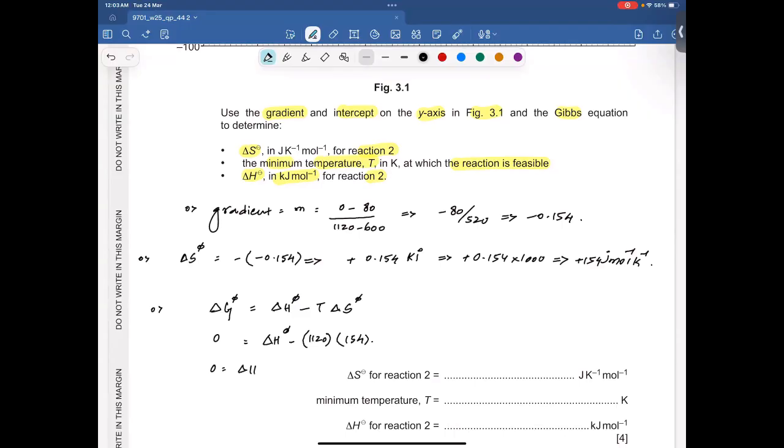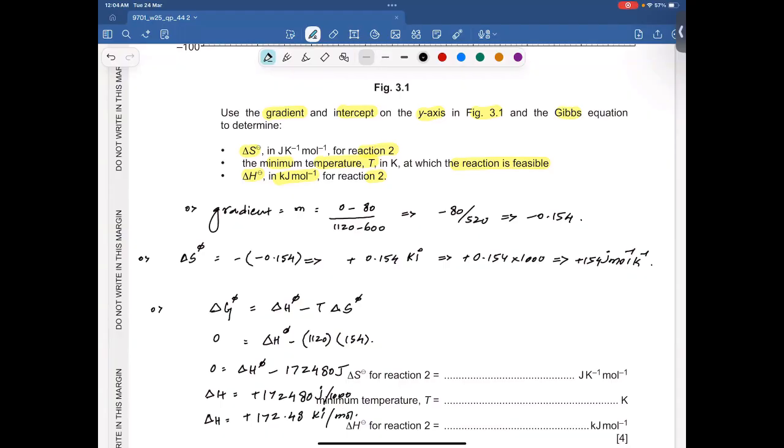So 0 equals delta H naught minus, and if we multiply both, we get 172480 joules, right? So it's basically plus 172480 joules. Convert them into kilojoule. So divide by 1000. So it's going to be plus 172.48 kilojoules per mole.